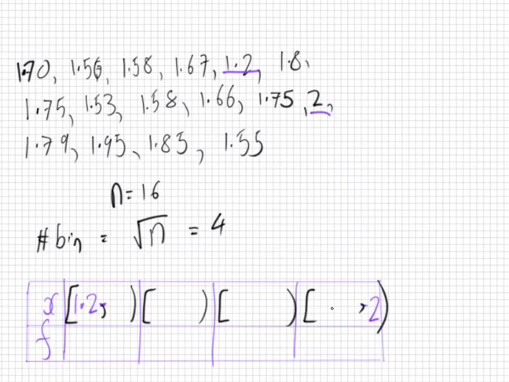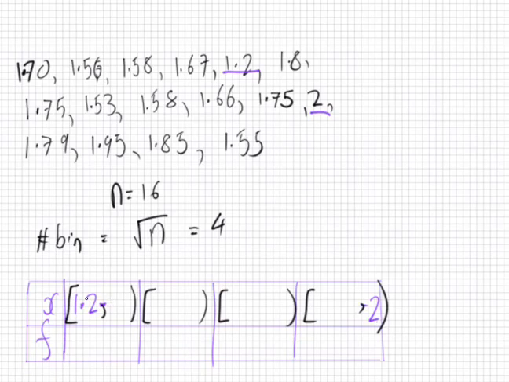Okay? How many bins do I have? 4. So I should divide my 0.8 by 4, and that's how much I have to go up in. I have to go up in 0.2s. So here would be 1.4, 1.6, 1.8, and then 2. How did I get this number?